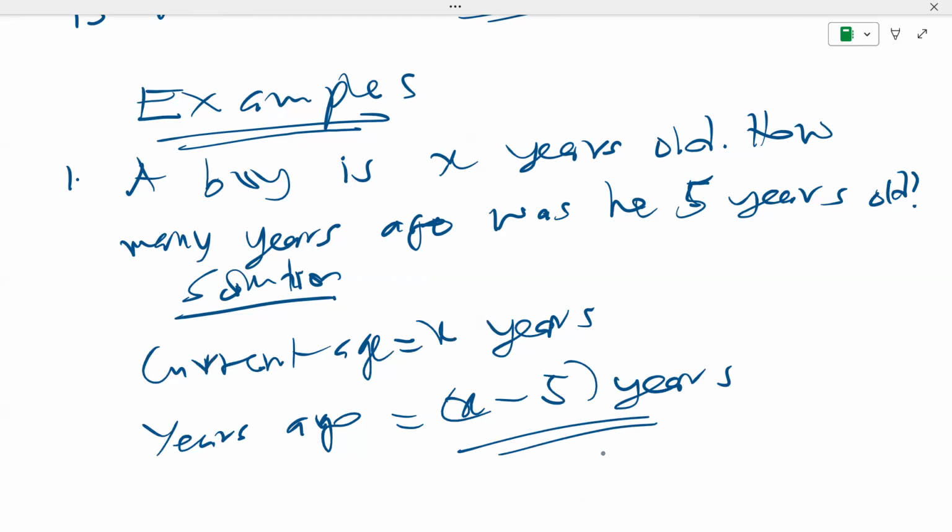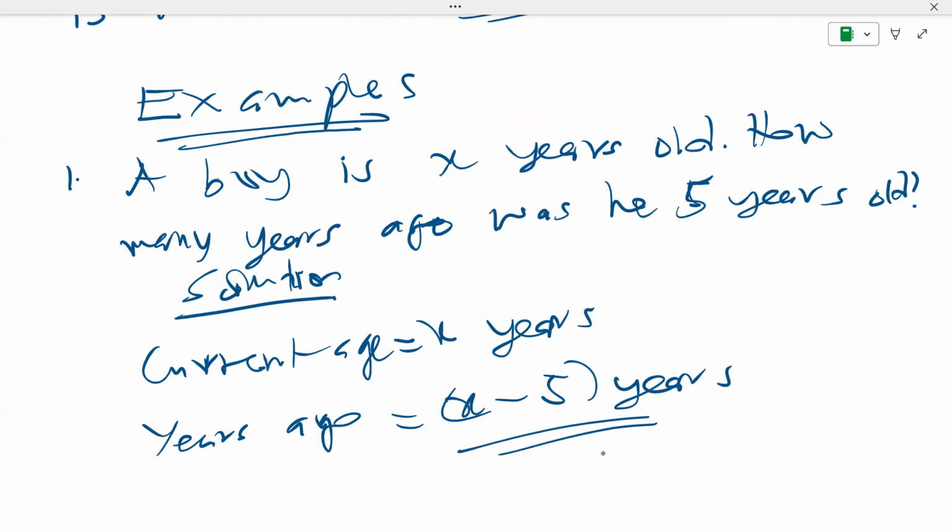Good. So let's go through it again. A boy is X years old. How many years ago was he 5 years old? We look at the current age. The current age from the question is X, so X years. Then the years ago that it was 5 years will be the current age minus 5.